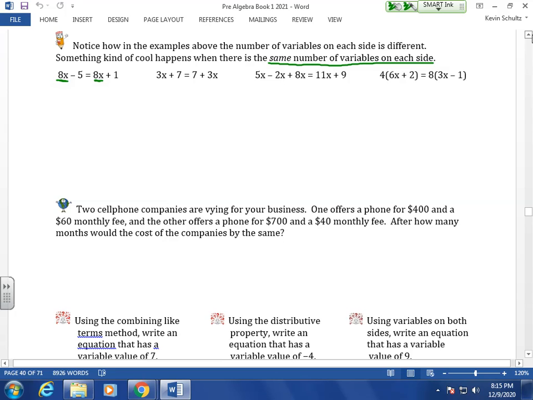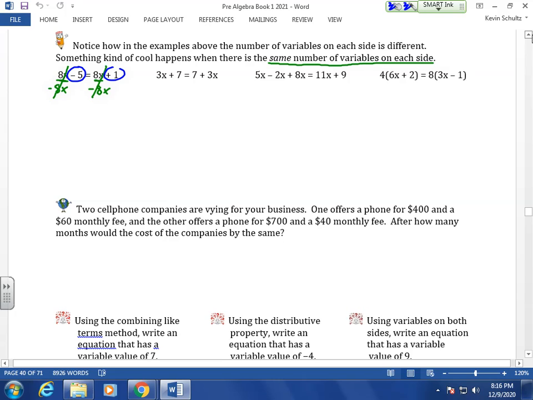Mathematically, if we attack this by using opposite operations and subtracting 8 x's from both sides to move it over, well, 8x minus 8x is 0x on both sides. They essentially cancel out from both sides of our equation. And what we're left with then are just our constants.